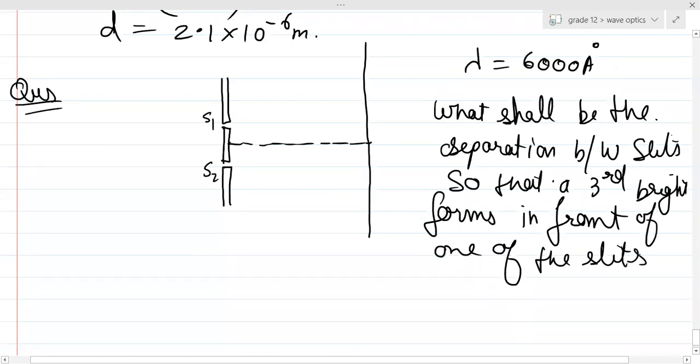So basically they are asking you what is the value of small d, for which just in front of one of the slits there should be a third bright.